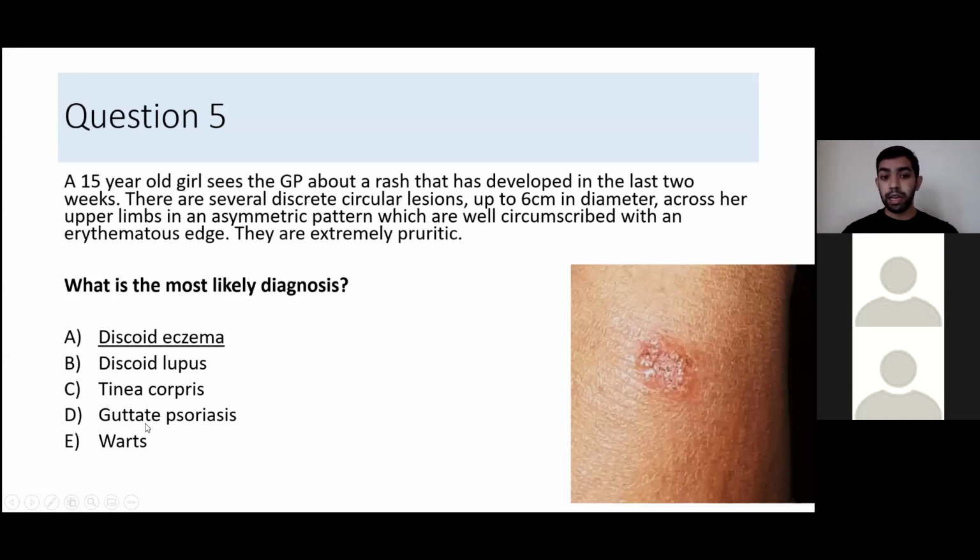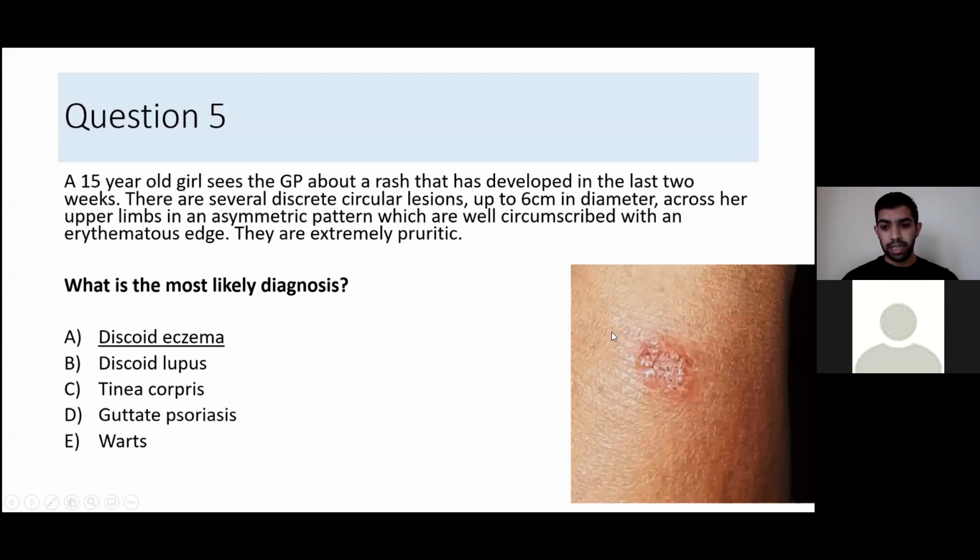So guttate means like raindrops. So you would actually see lots of tiny red lesions across the surface, and they wouldn't tend to be 6 centimeters in diameter. And warts, I think we'll just take a look at some pictures of warts. They wouldn't tend to be this speckled. They tend to get like very discrete, well-circumscribed lesions. Okay, so the most likely diagnosis here is discoid eczema.